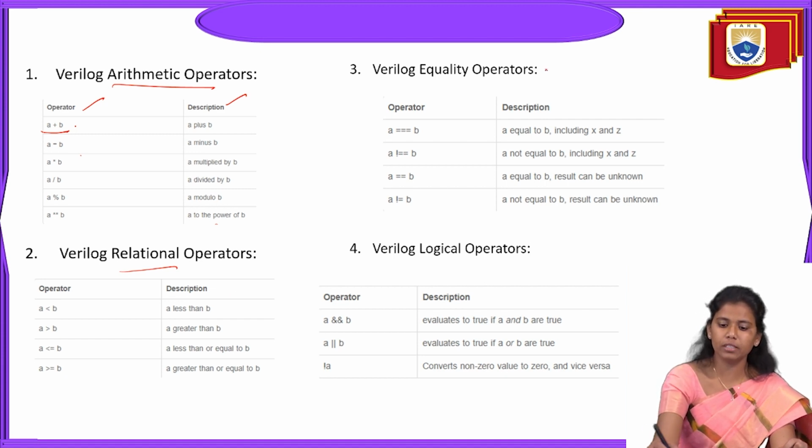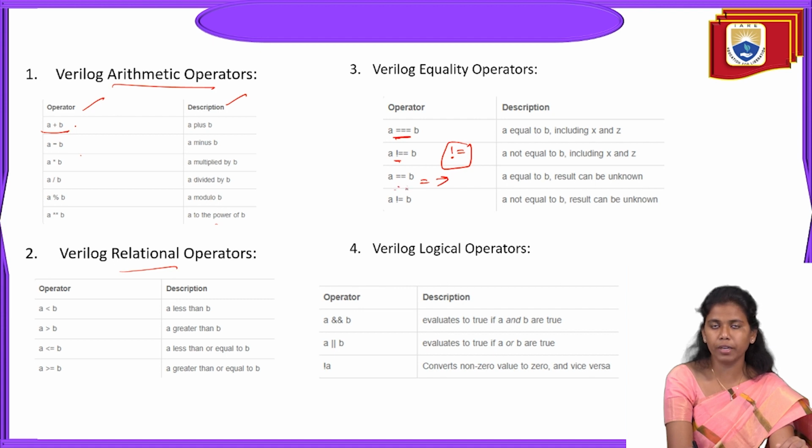In the equality operators, if you observe, A triple equals B means A equals B including X and Z. Then there is the not-equal operator with triple, A not equal to B. With only double equals, the result obtained when you compare both operands can be unknown.